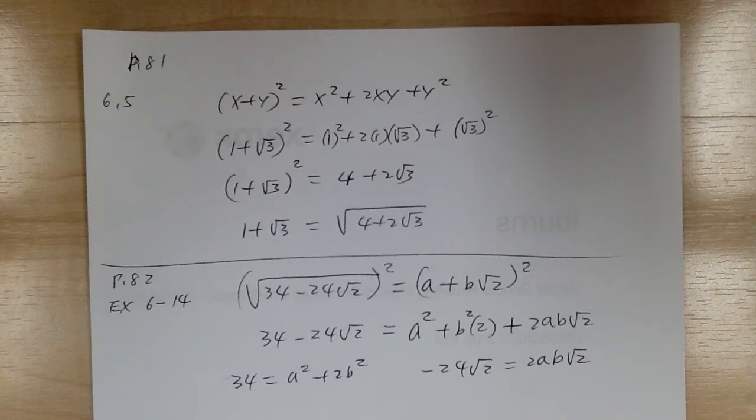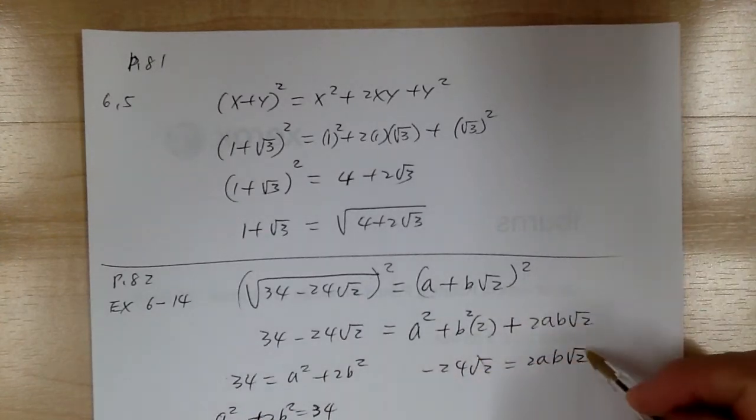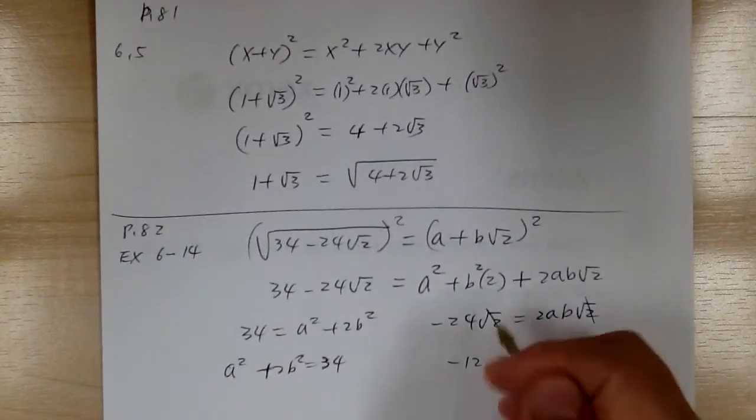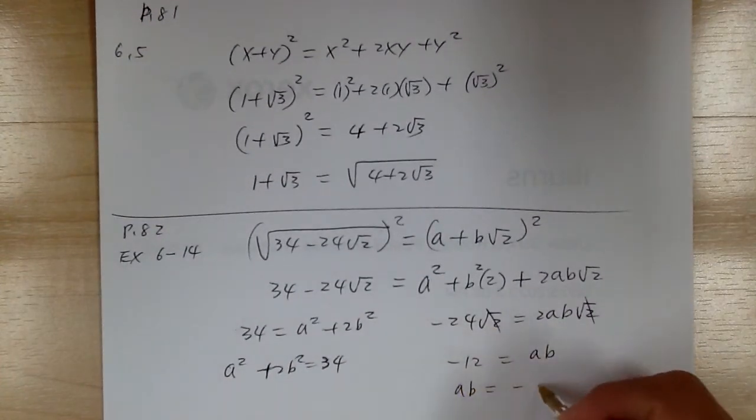I'm going to switch this over, so a squared plus 2b squared equals 34. On the other side, I'm going to divide by square root of 2 on both sides to get rid of that, and divide by 2. So you get negative 12 equal to ab, and switching sides, ab equals negative 12.